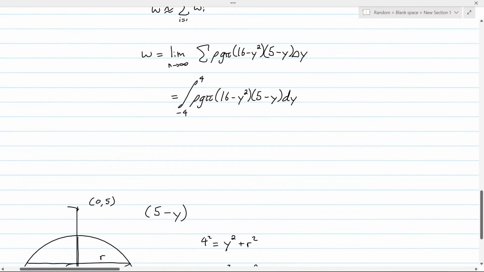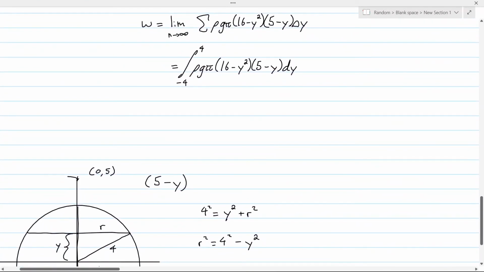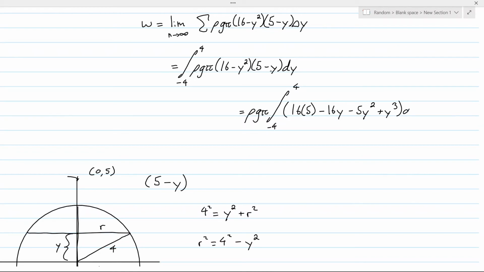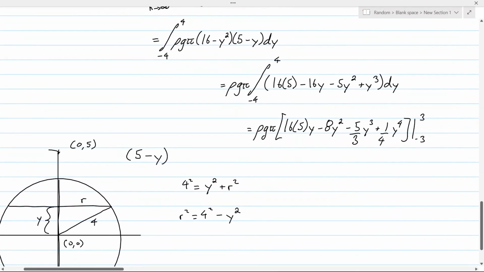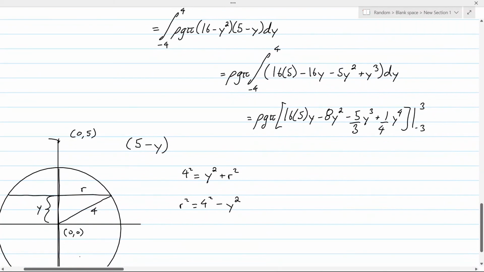And then all we have to do to find the work done is to then integrate. Once we're at this step, all we need to do is then plug in our values and we would get our answer. I will provide the answer in the description below.